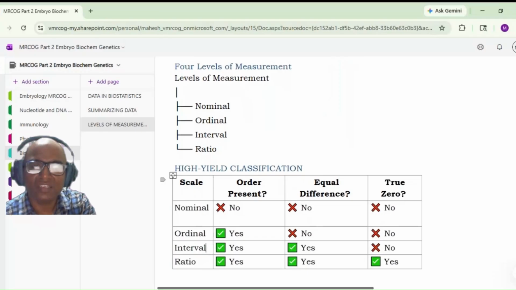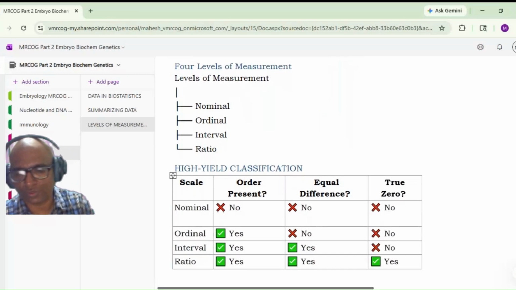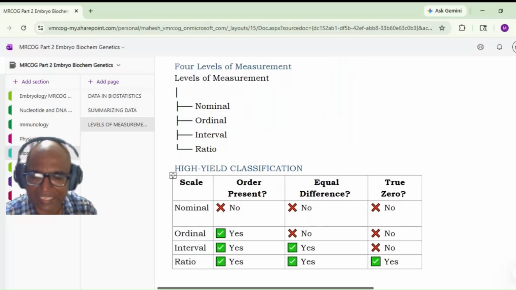Okay. Now, what happens in interval scale? In interval, there is an order, like ordinal, so there are categories. There is equal difference, so between one category and another category there is a difference which is equal, but there is no true zero. Here temperature is the example. 40 degrees centigrade is not 2 times of 20 degrees centigrade, and 80 degrees centigrade is not 2 times of 40 degrees centigrade.